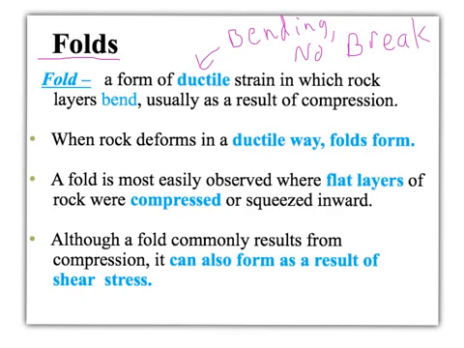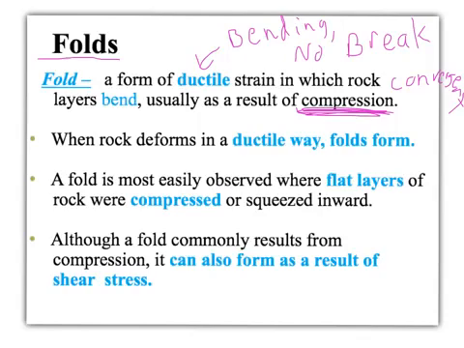And most of the time, we see folds come in through a compression strain, which is also usually at convergent boundaries. So convergent boundaries, where the plates are being squished together, where they're colliding, generally result in compression stress, which can lead for rocks to fold.